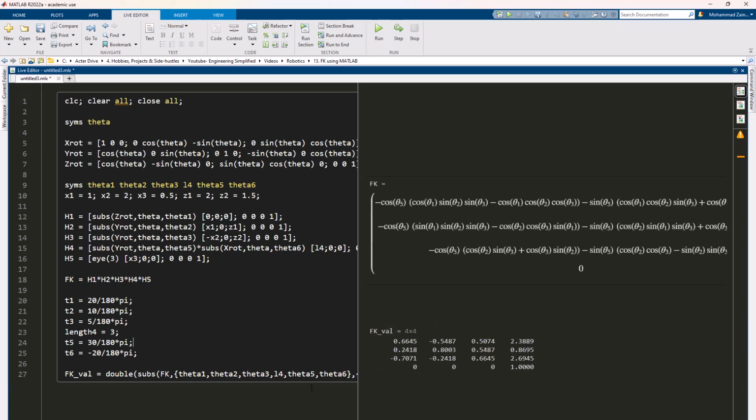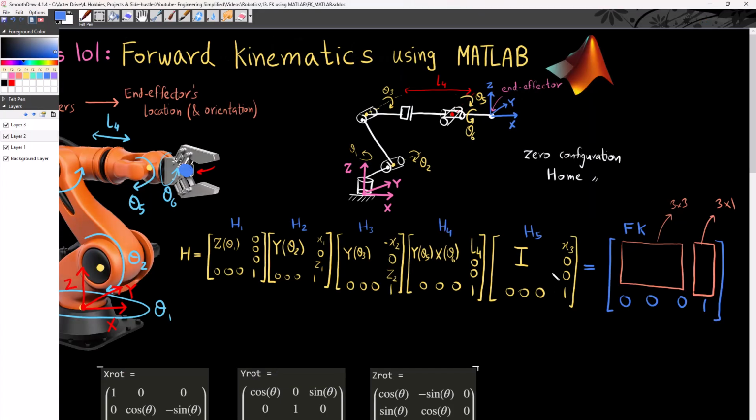So now I get a homogeneous transform which has 0, 0, 0 and 1 in the last row, and then there is a 3 cross 1 vector right here, which is going to show me the end effector position in the fixed frame. Now let us look at these values 2, 0.8 and 2.7, and let's see if we can actually see those on our diagram.